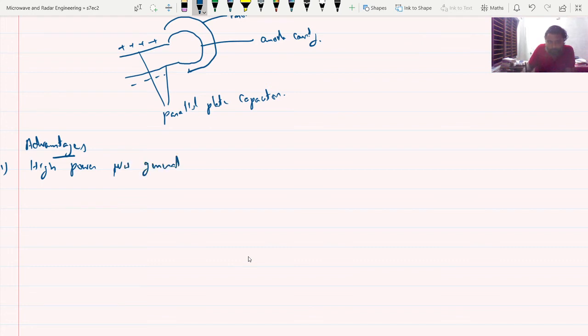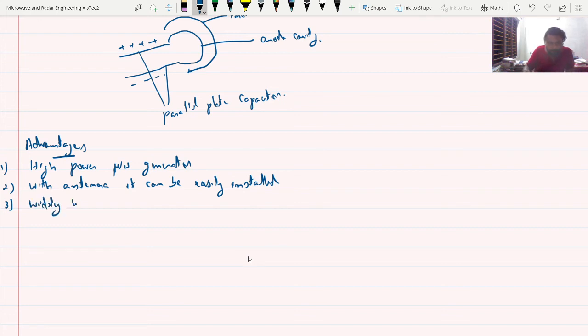Second, with the antenna, it can be easily installed. The third one is that it is widely used in spacecraft.